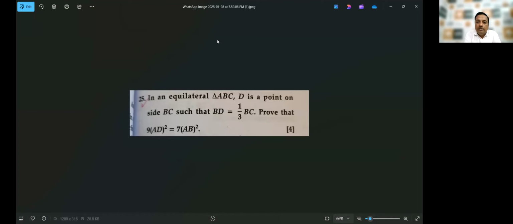Okay, in a triangle ABC, ABC is an equilateral triangle बोले तो all sides are equal. And D is a point on BC. तो यहाँ पे कहीं पे तो D है.